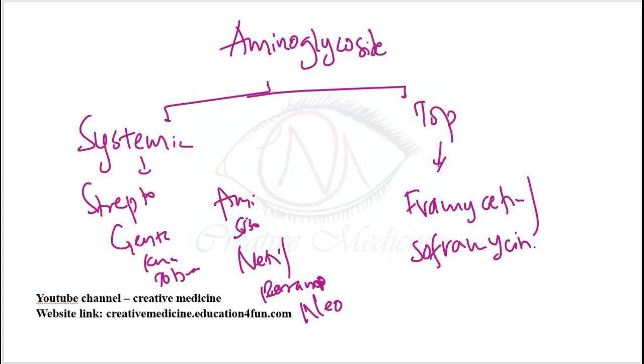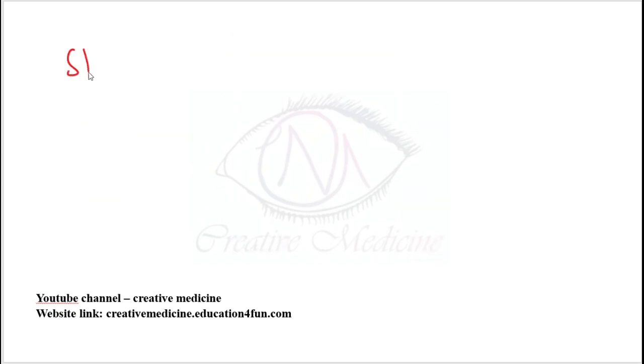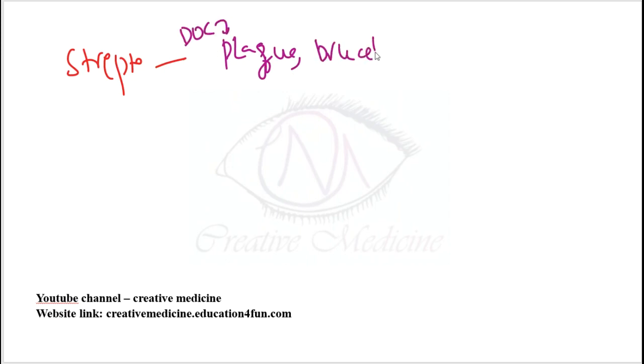Among the systemic aminoglycosides, streptomycin is used as a drug of choice in plague and brucellosis. In brucellosis, it is used along with tetracycline.